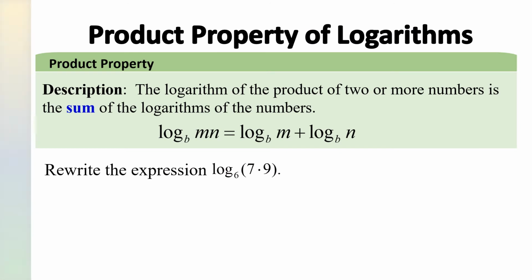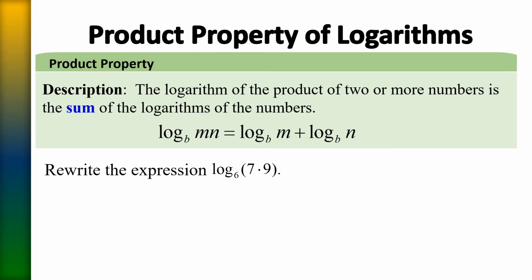So here's the product property of logarithms. The logarithm of the product of two or more numbers is the sum of the logarithms of the numbers. For example, here we have log base b of m times n. Since they're being multiplied, we're going to use the product rule, and we're going to wind up adding the two logarithms.